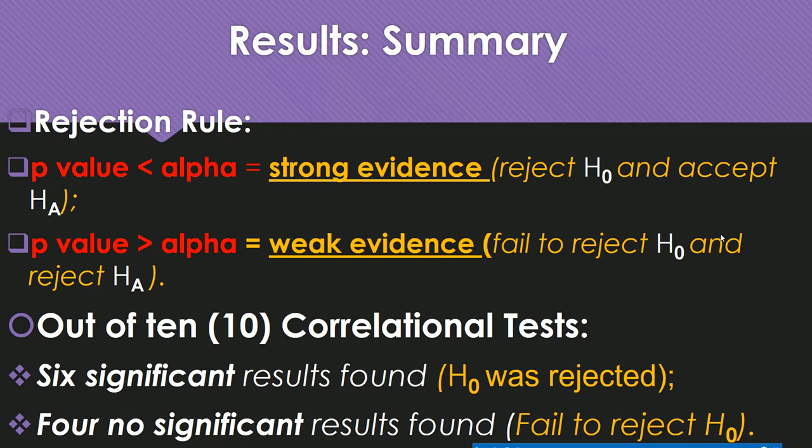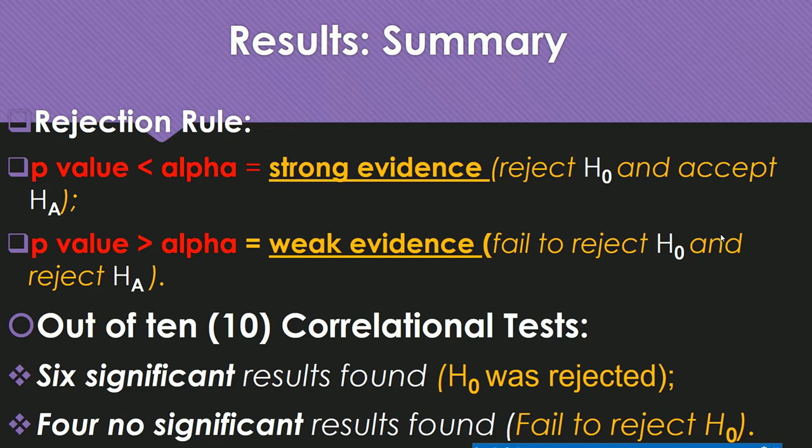Results summary. The rejection rule that was used is as follows. Where p-value is less than alpha, there is strong evidence against the null hypothesis. The decision is reject the null hypothesis and accept alternative hypothesis.